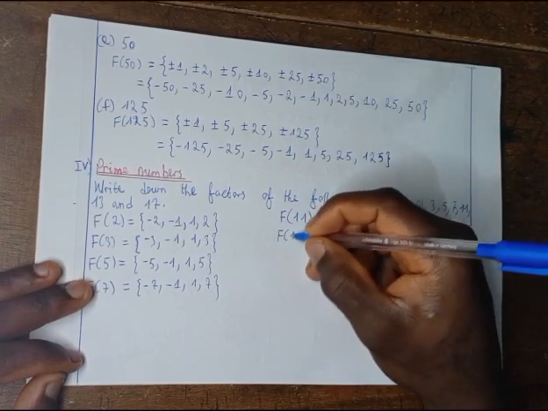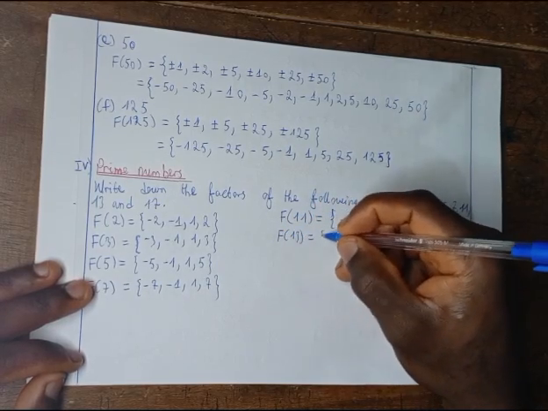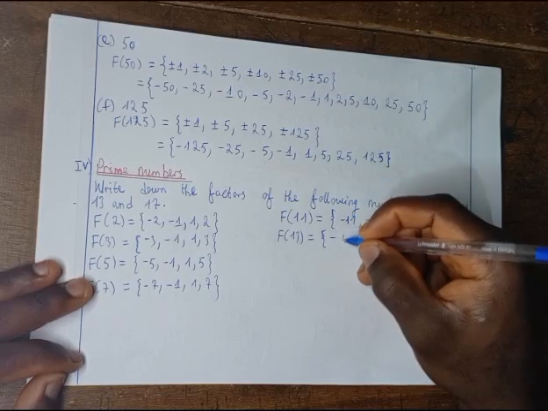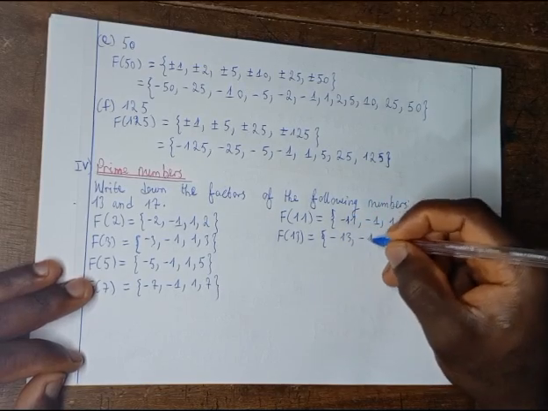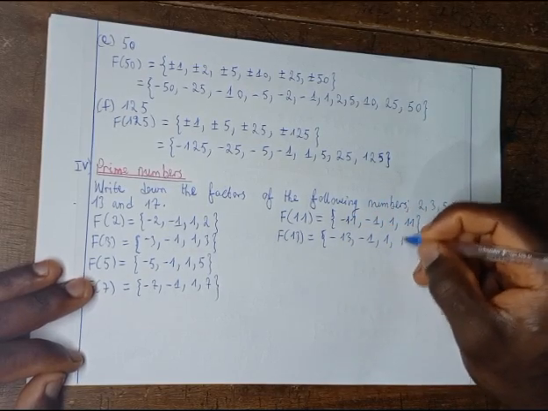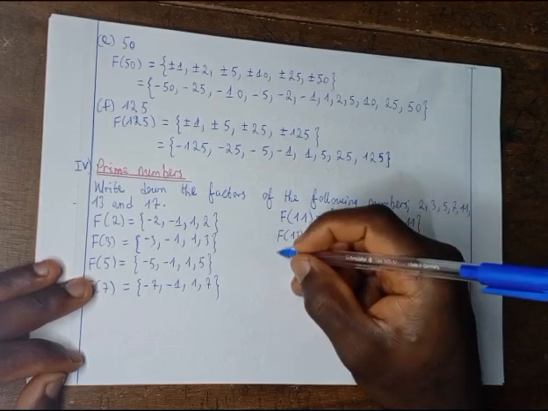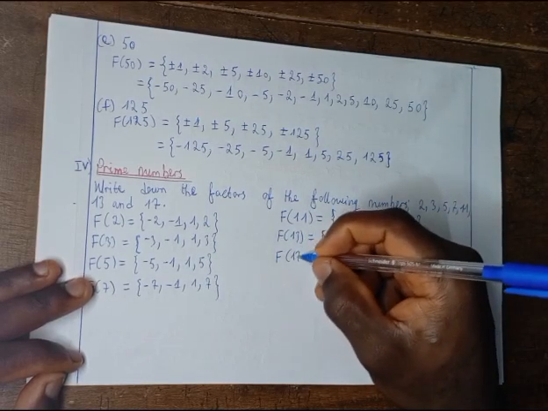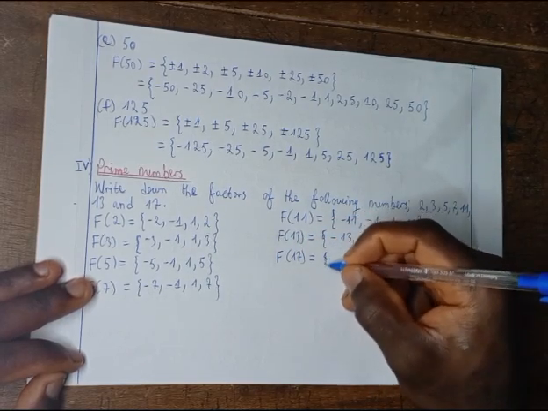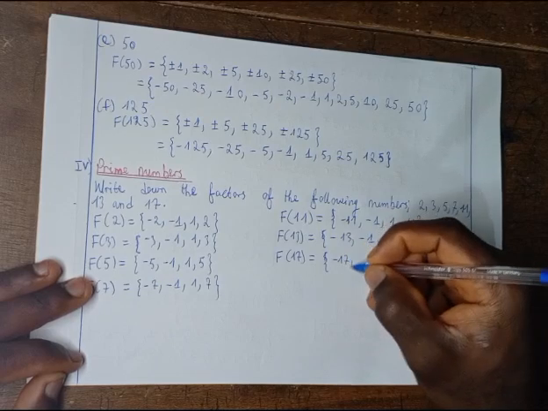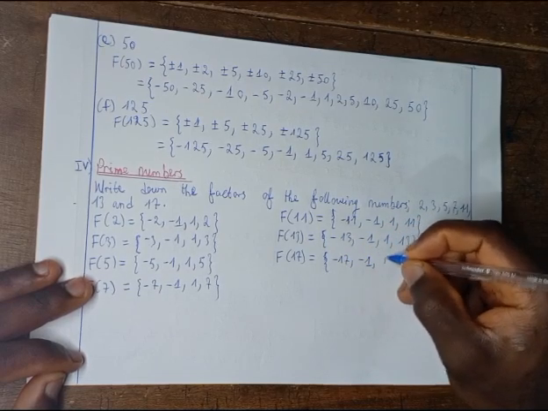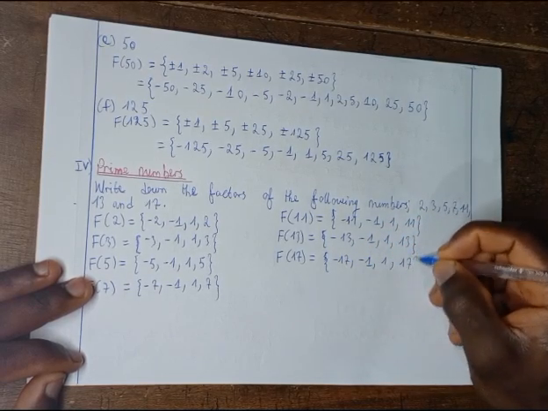Next, we go to f of 13. F of 13, we have -13, -1, 1, and lastly 13. Next, we go to f of 17. For f of 17, we have -17, -1, 1, and lastly 17.